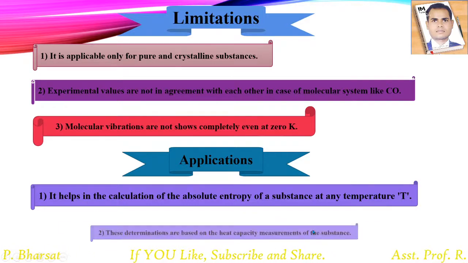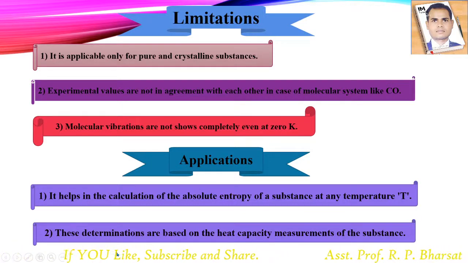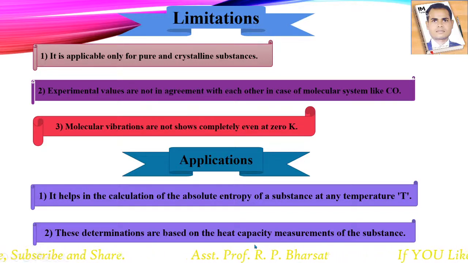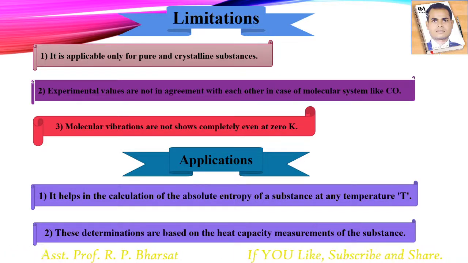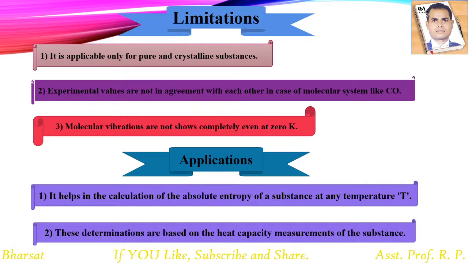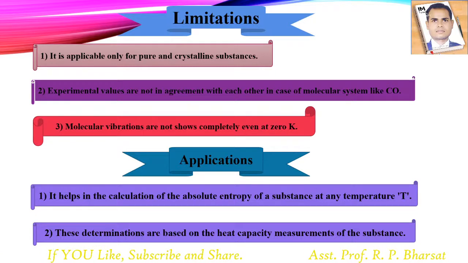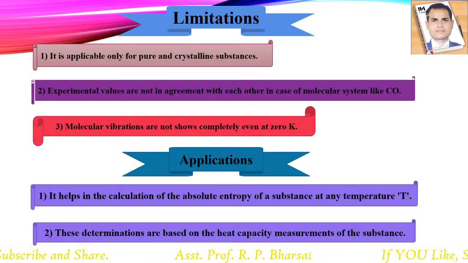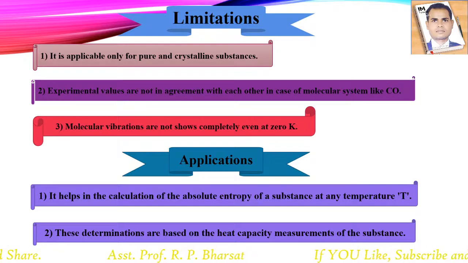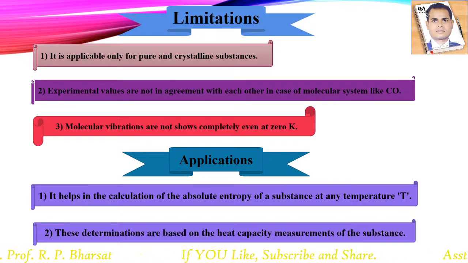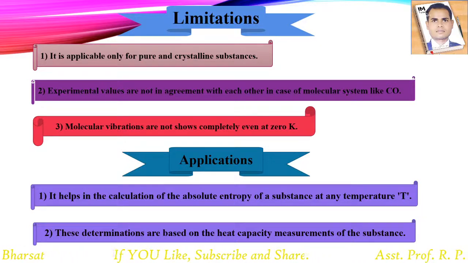The next is that these determinations are based on the heat capacity measurements of the substance. We know different substances have different heat capacities, so we have to measure the heat capacity of different substances. With the help of the third law of thermodynamics, we can determine the heat capacity.